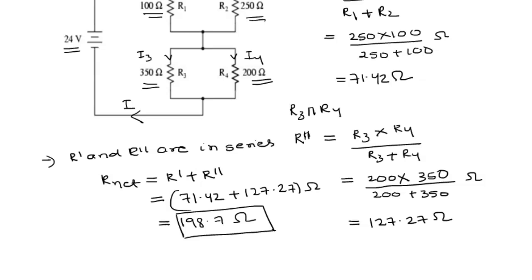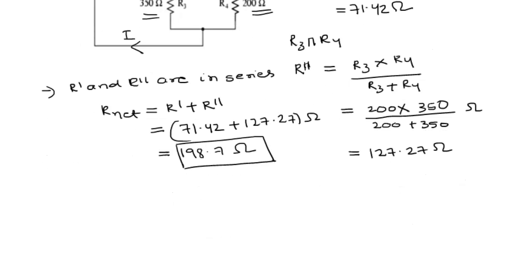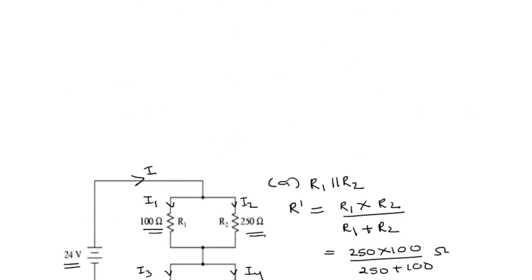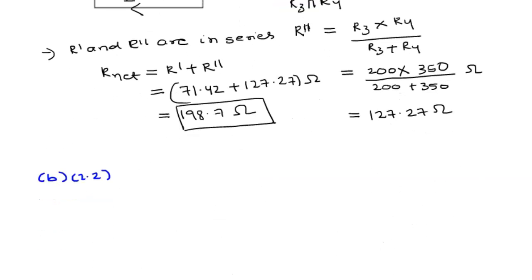Now in the second part of the question we are asked to find out the total current flowing in the circuit. So this is part 2.2 and part A is 2.1.